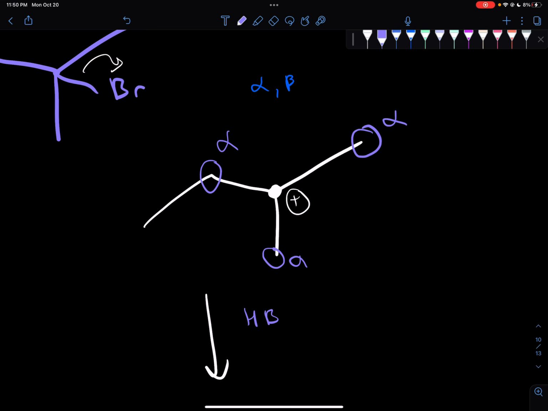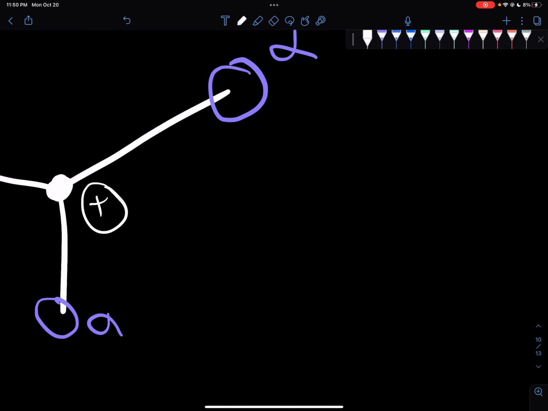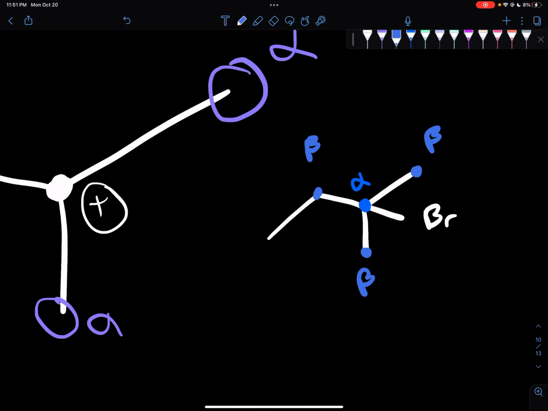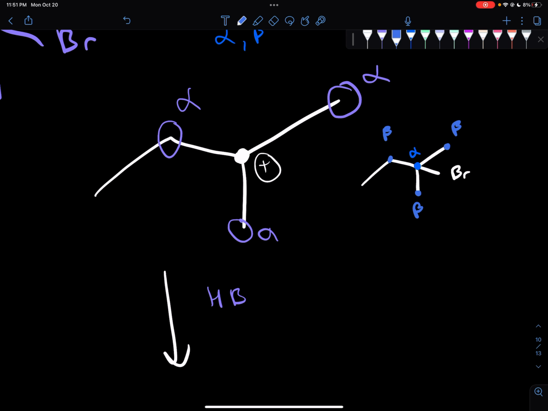But I think what some people get confused with is when they ask in class what's alpha to the bromine. The thing that's alpha to the bromine is what's directly connected. So this is alpha, and the things after that are going to be beta.